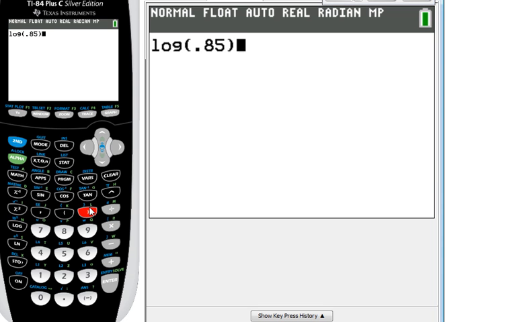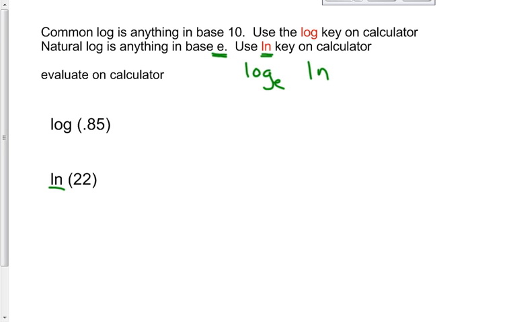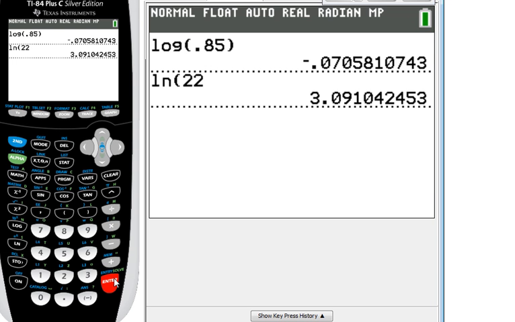You can close your parenthesis, just hit your enter button, and you should get negative 0.0705. And then the other question, I believe, was natural log. Natural log of 22. Calculator again, natural log is on the far left side, third one. Natural log 22. You don't even have to close your parenthesis here since we're just doing natural log 22. You could hit your enter button, 3.09.